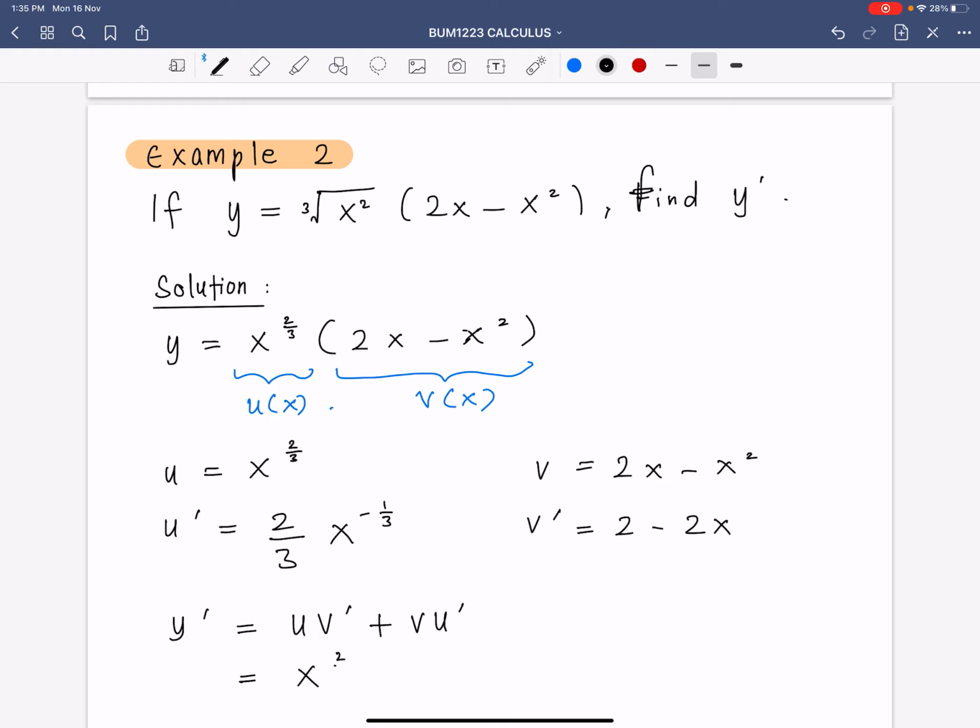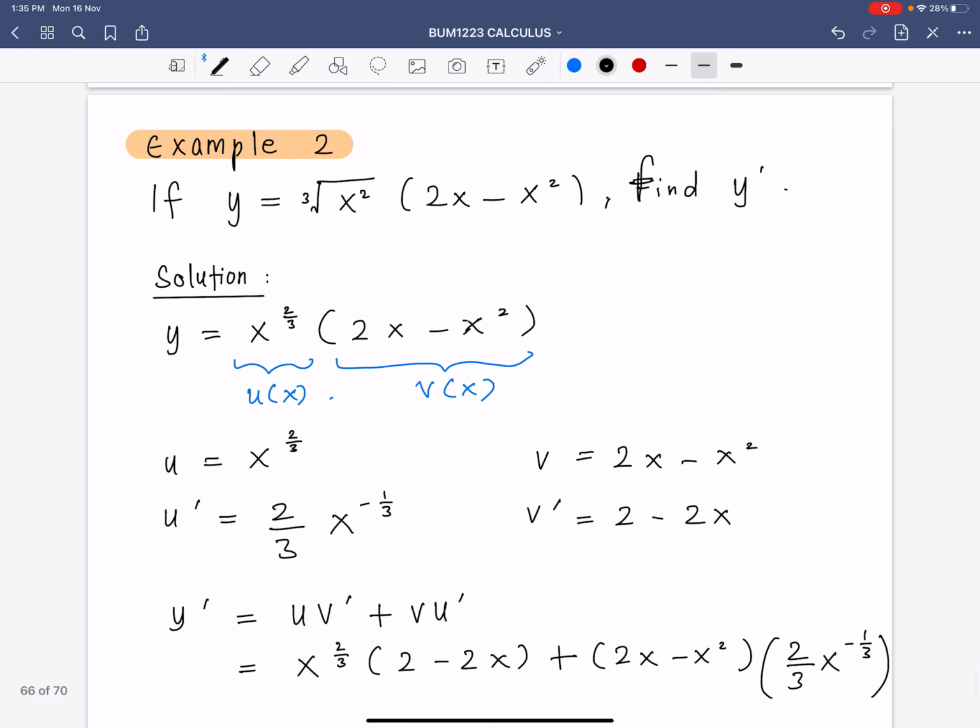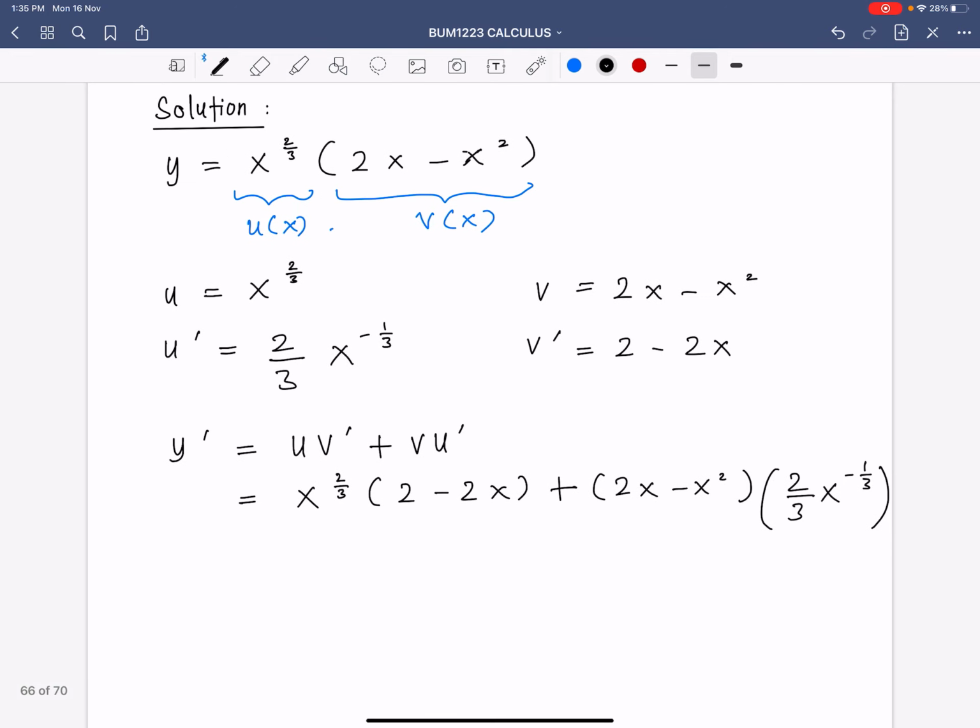So x to the power of 2/3 multiplied with v', where v' is 2 minus 2x, plus v, where v is 2x minus x squared, multiplied with u', where u' is 2/3 x to the power of negative 1/3. Next we try to simplify this because this answer is quite lengthy.